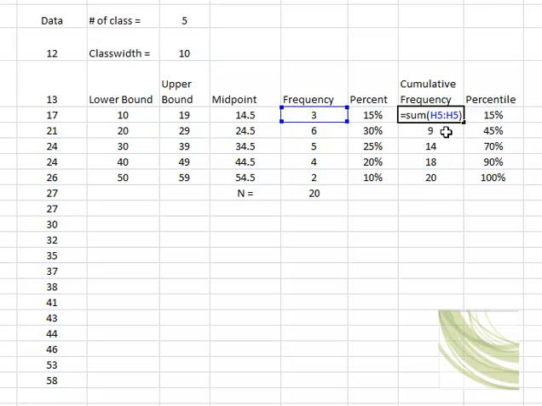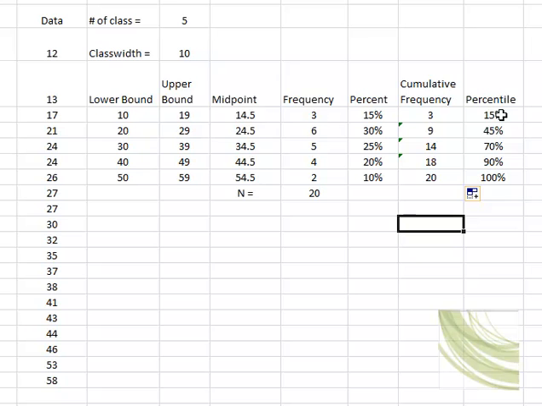But the first H5, we want that to be constant. So we put a $ sign between H and 5. So now we can copy the formula. So now this is our cumulative frequencies.